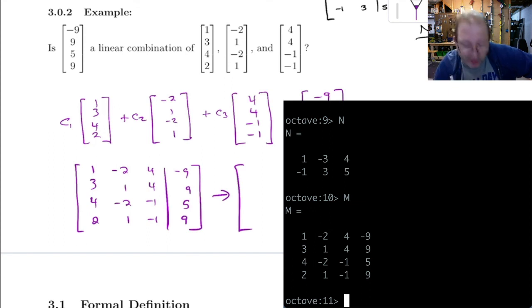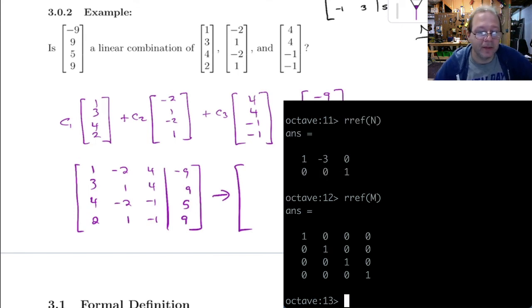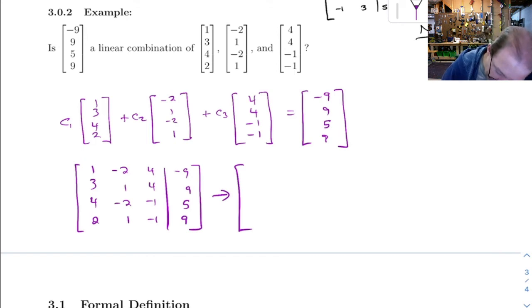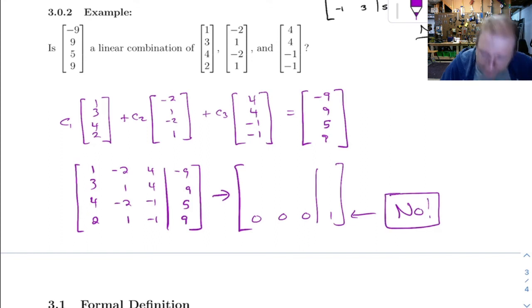Okay, no, that's correct. You row reduce this thing, and we get a 0 equals 1 on the bottom. So the answer here is, again, no. All right, we'll look at the formal definition in the next video.